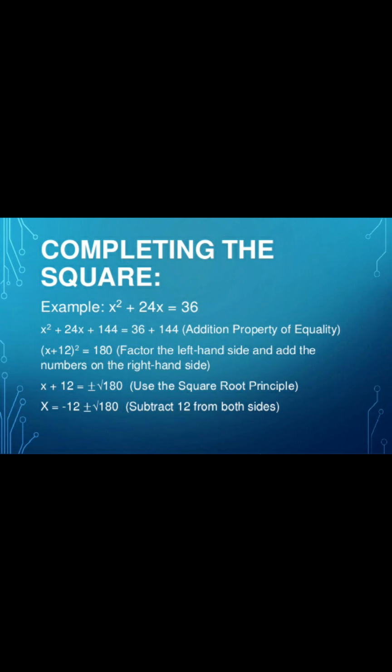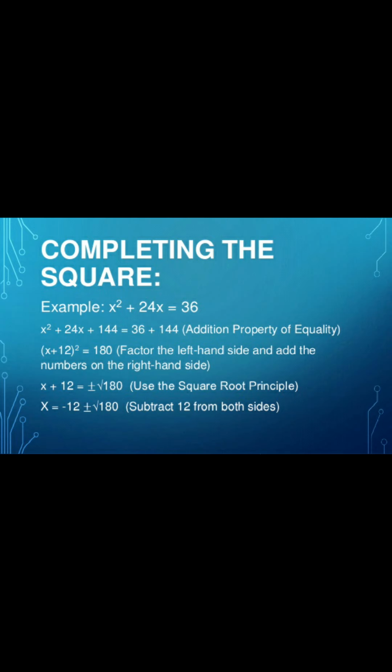As you know, x squared plus 24x plus 144 can be written as (x plus 12) whole squared, and 36 plus 144 is 180. Now taking the square root on both sides, x plus 12 equals plus or minus root 180.